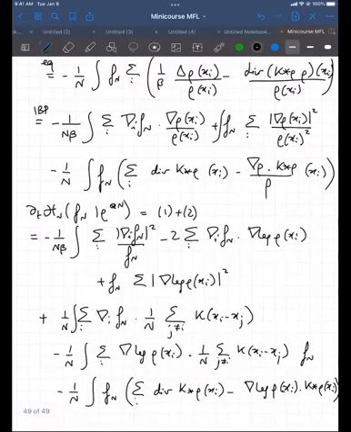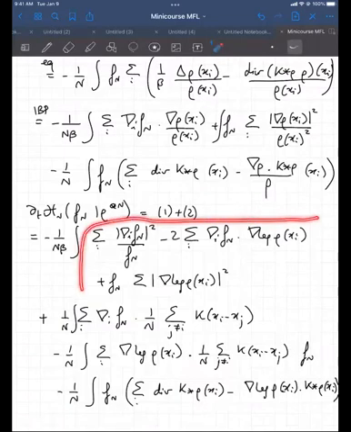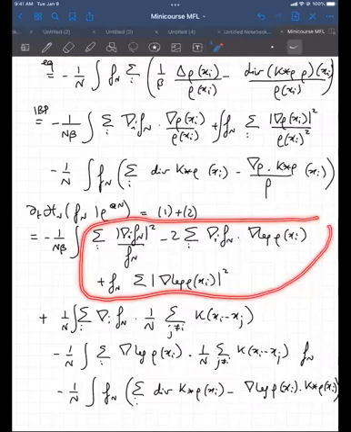So I have a sum of terms here. And the idea is first to recognize here a perfect square.